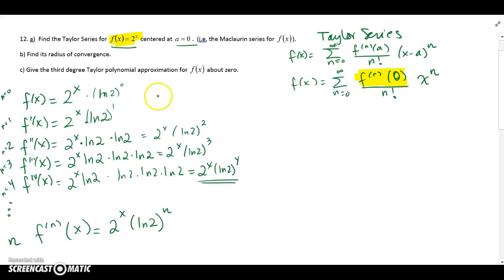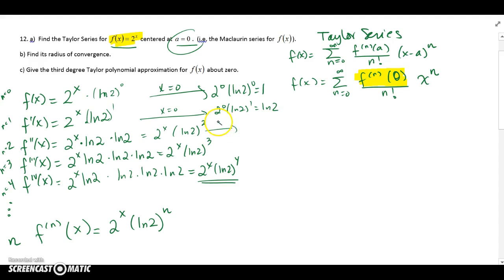So remember our center is 0, I could put in 0 here, and we'll end up with 2 to the 0, ln of 2 to the 0, which is 1. I could put it here, the center is 0, 2 to the 0, ln of 2 to the 1, which is just ln of 2. I could put it individually again here.